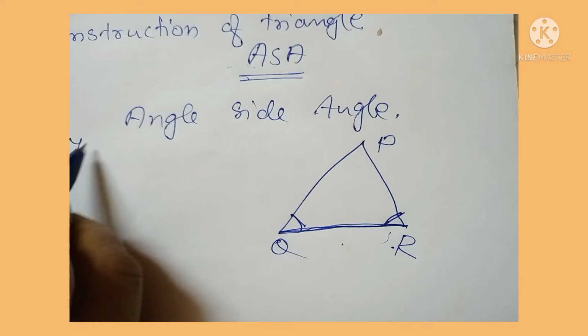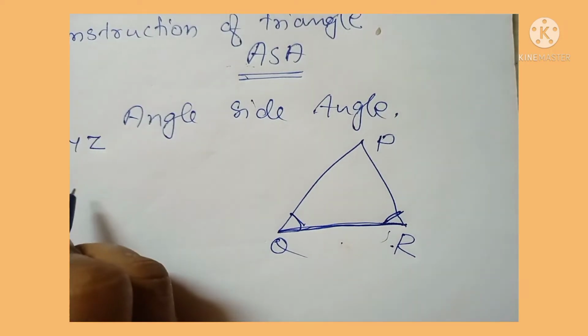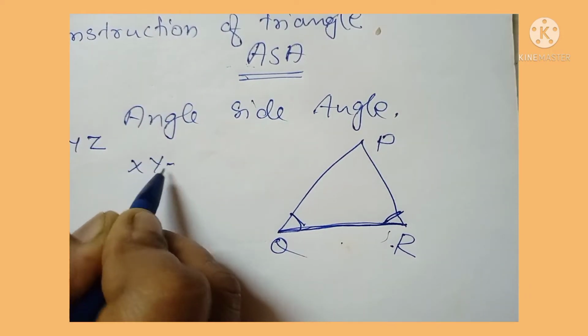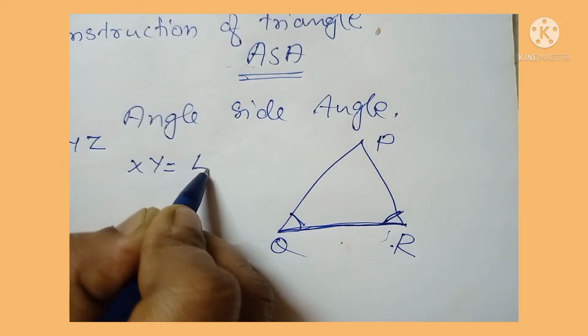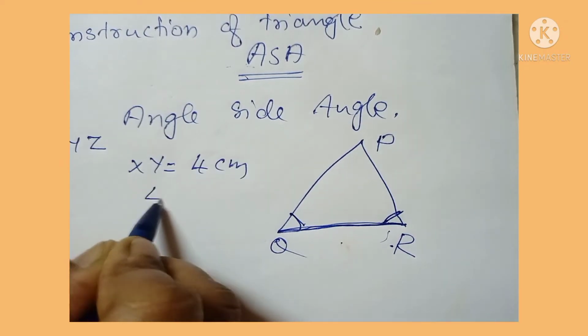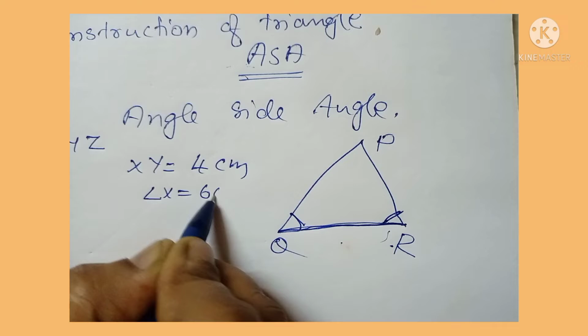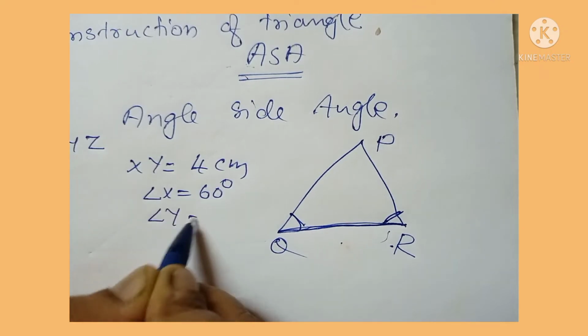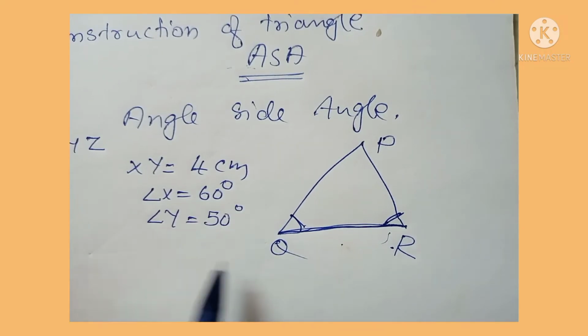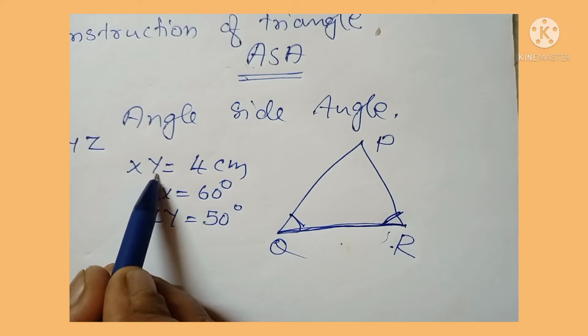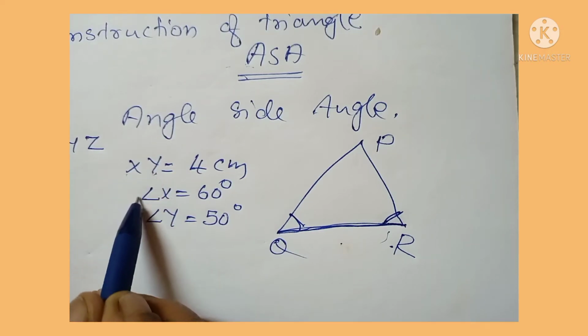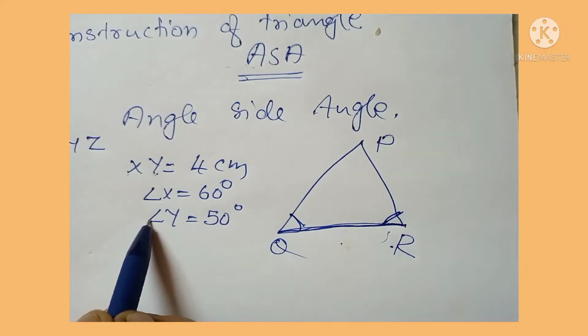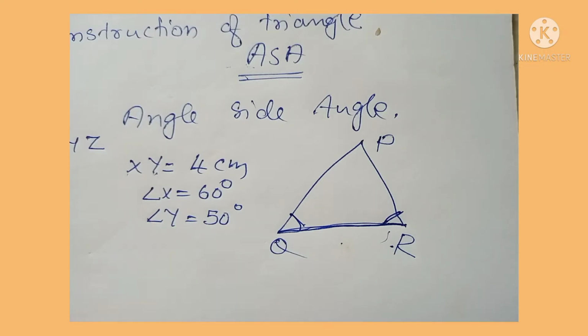Construct triangle XYZ where XY is equal to 4 centimeter and angle X is equal to 60 degree and angle Y is equal to 50 degree. So here, the included side is XY, and the two angles are angle X and angle Y. So how can we construct this triangle?